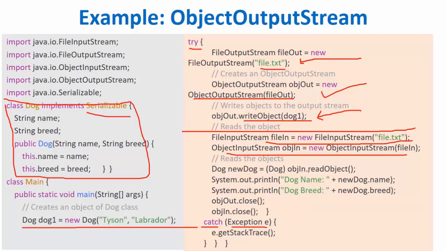Then whatever you read with the readObject method is going to be an Object. readObject returns Object. You know what objects are available in your file. In this example, it's a Dog. You must cast it to be able to use it as a Dog object. So that's it. Then you need to close everything.